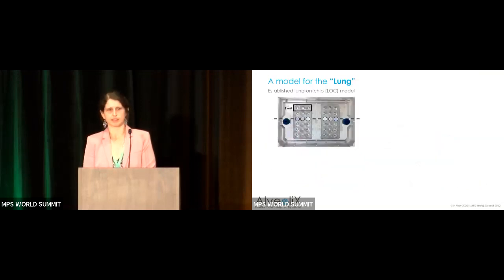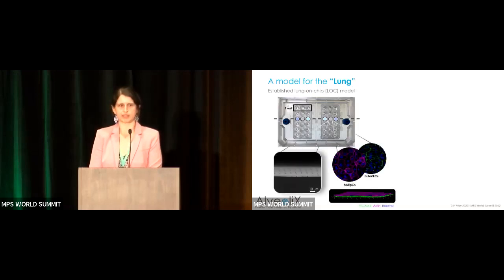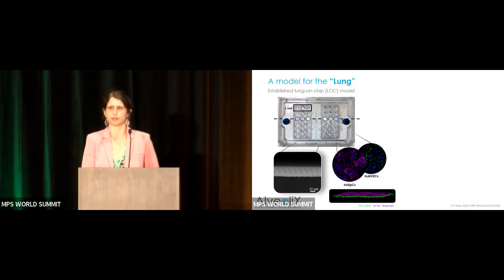I'm using the system from Alveolix, this is the AX12 plate that I'm working with. You can see it is a 96-well plate-like format. One unit consists basically of three wells, but the cells are only seeded in the central well, where we have a very thin membrane on which you can grow epithelial or endothelial cells on both sides.